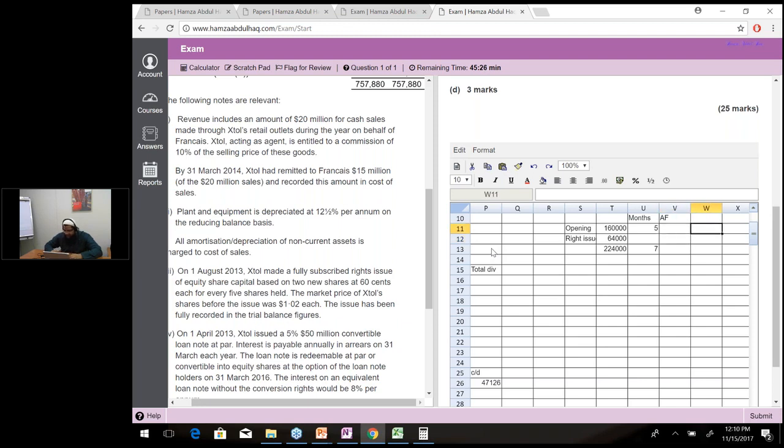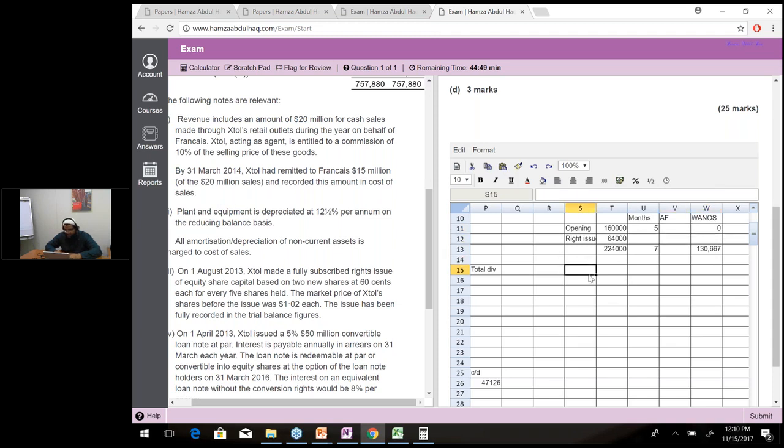The weighted average number of shares is the number of shares into the months divided by 12 and into the adjustment factor, if there is any. The same applied over here, but in this one there is no need of applying the adjustment factor. So it is 224 into 7 divided by 12. It's a big value, so I'm rounding it off. Now we need to calculate the adjustment factor.